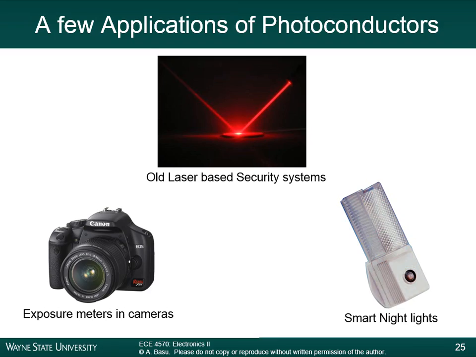Nowadays, they have better systems. They have infrared cameras and other types of motion detecting devices. So these are just a few applications. One of the biggest applications of semiconductors is in various types of light sensors. The first day of class we talked about the actual CCD chips in cameras.